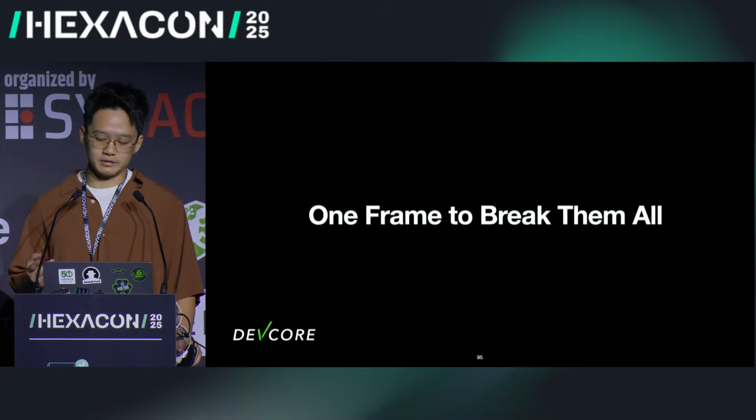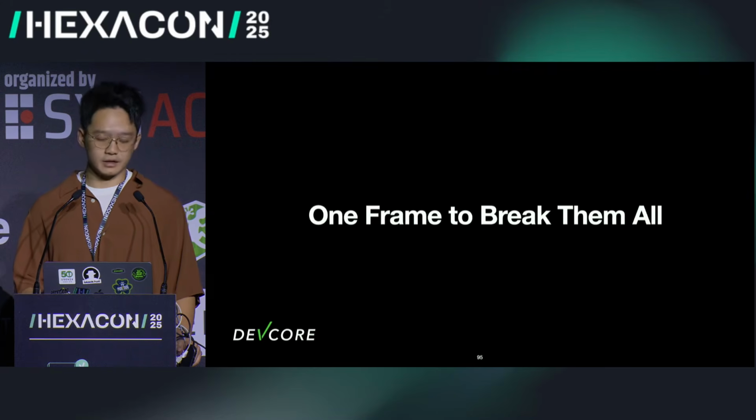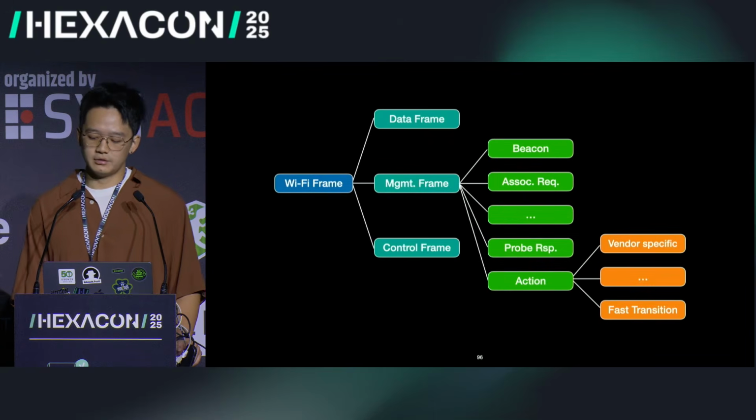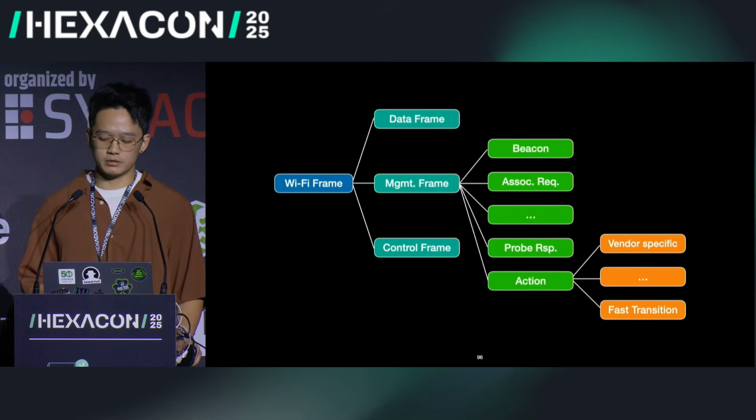Next, let's move on to our new chapter, One Frame to Break Them All. The vulnerabilities discussed in this chapter can directly cause a device's kernel to crash, and in some cases, even allow remote code execution. There are many types of Wi-Fi frames, and management frames are the most diverse.